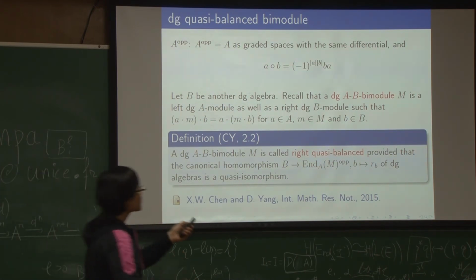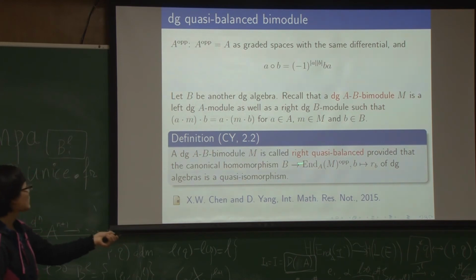So for this bimodule, we have a definition for right quasi-balanced.